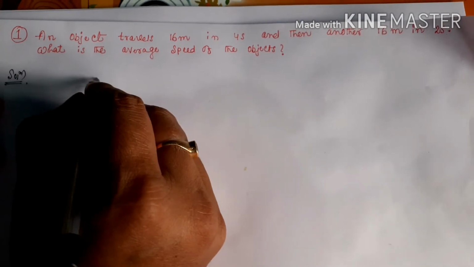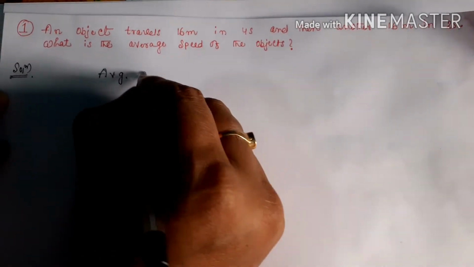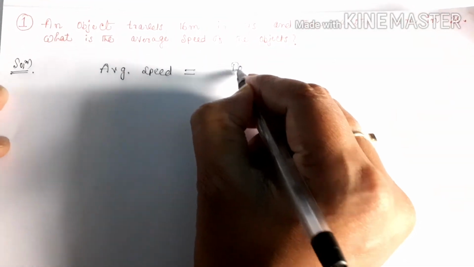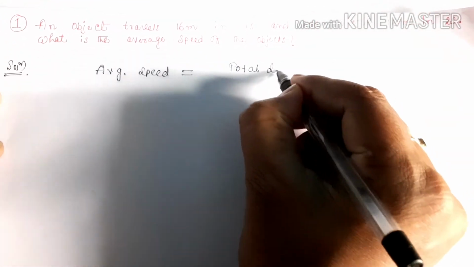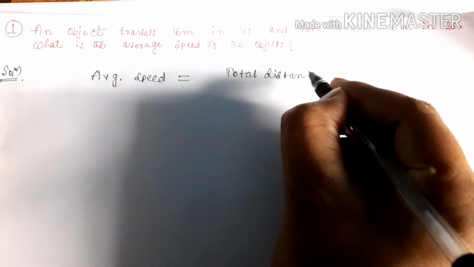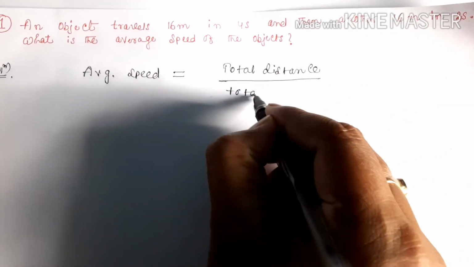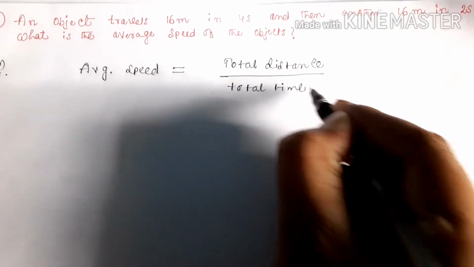So when we calculate the average speed of a body, you all know that it is equal to total distance divided by total time. This is the formula.